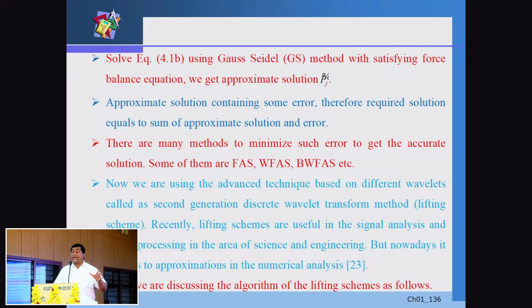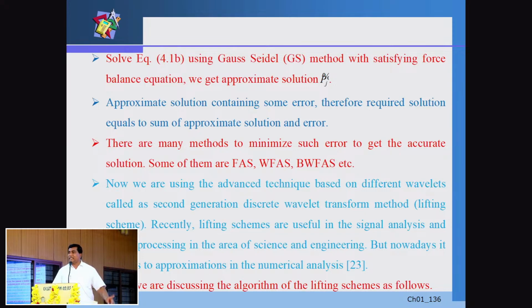The condition number of the discretized matrix must be of order 1. Then we say that it is well conditioned. Otherwise it is ill conditioned, and the solution doesn't converge. If you want to make it well conditioned, we can go for multigrid techniques, algebraic multigrid techniques, wavelet-based algebraic multigrid methods, and the advanced method is the lifting scheme.